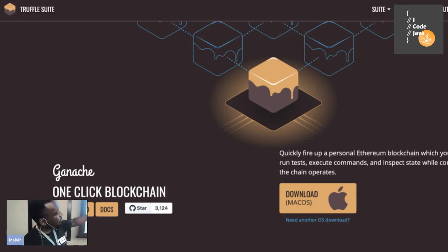And here, the one that gives support for Alchemy and Infura just essentially means that you don't have to run an Ethereum client yourself. I would actually say that you should rather run it yourself before you go to Infura. What Infura and Alchemy do is that they are a network, but they are not mainnet. And by saying mainnet, I mean that it's not the real money that you're working with.